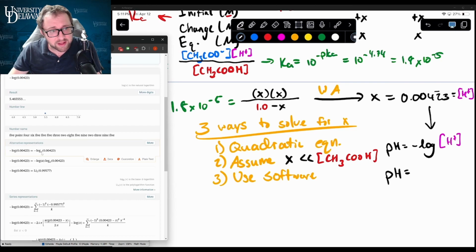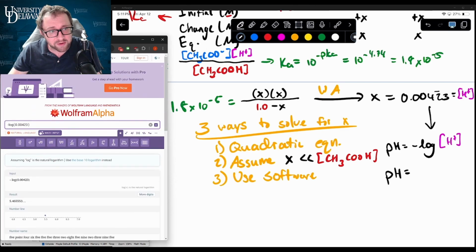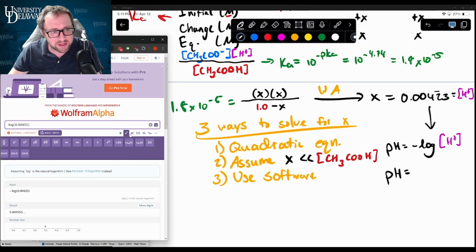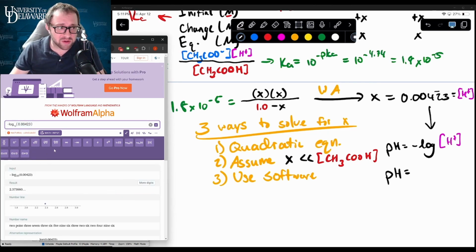Yep, see, that is a log base e. That's horrifying. Is there a log button down here? We've got roots. There we go. Unfortunately, we are going to have to do log 10 of 0.0423. And this is something you should always check if you're ever using math software.